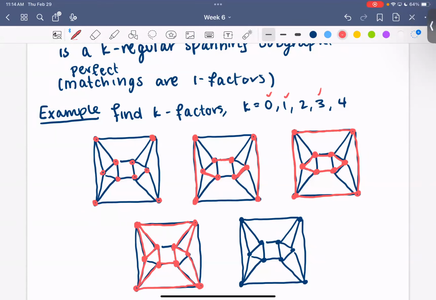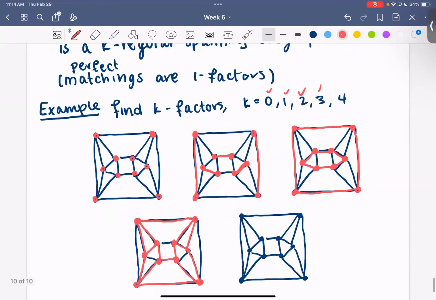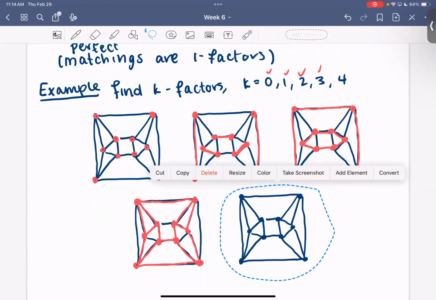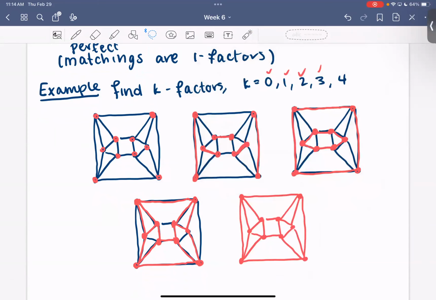Okay, and then what about for a 4 factor? Yeah, it's just the whole thing. Make the whole thing red. Okay.